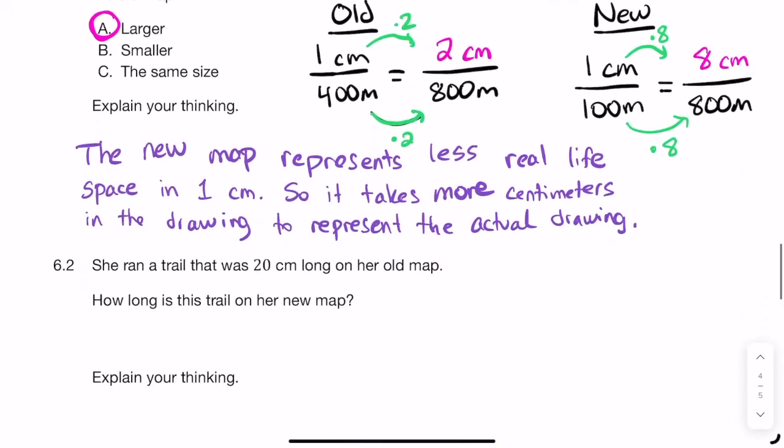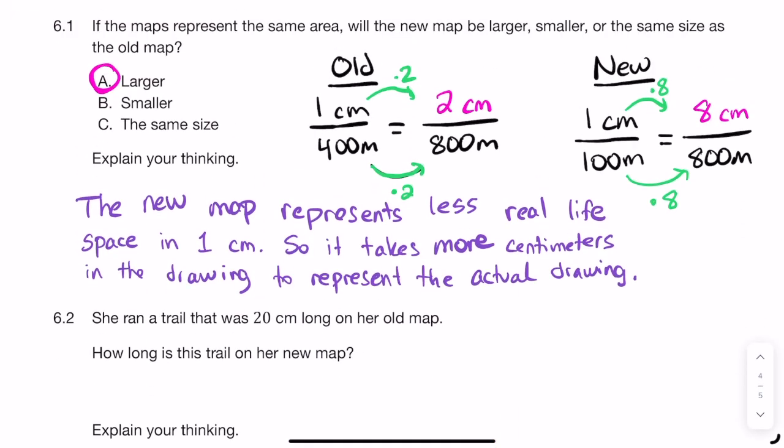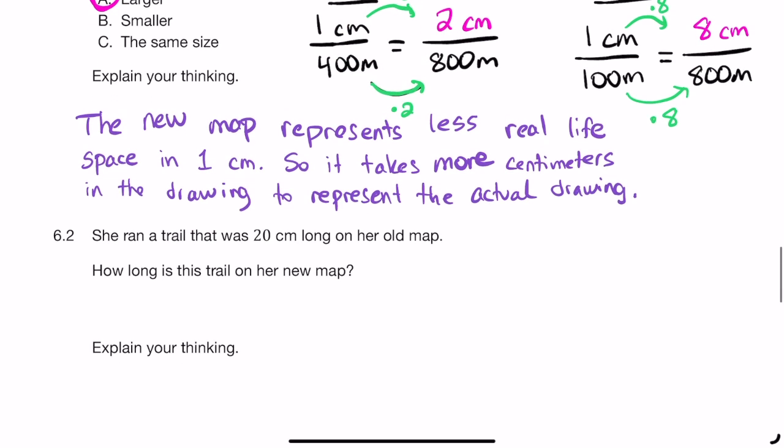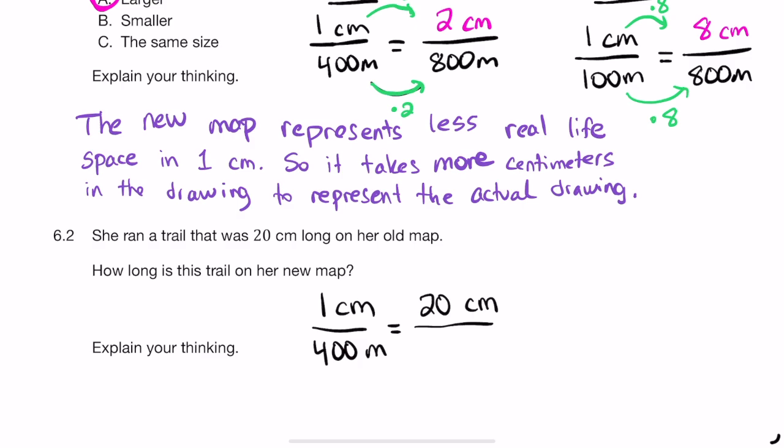Okay, and then finally, this is the related problem. We're still talking about this setup. She ran a trail that was 20 centimeters long on her old map. How long is this trail on her new map? Okay, so for her old map, we have this ratio. 1 centimeter is 400 meters in real life, and her trail was 20 centimeters long on her old map.